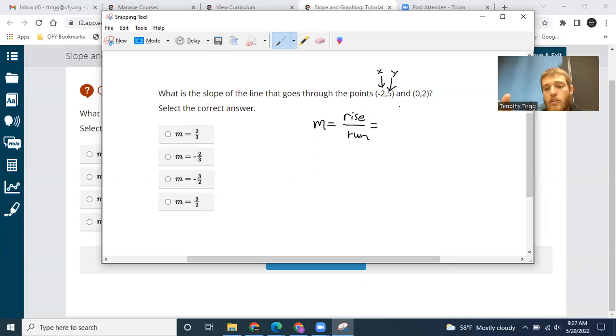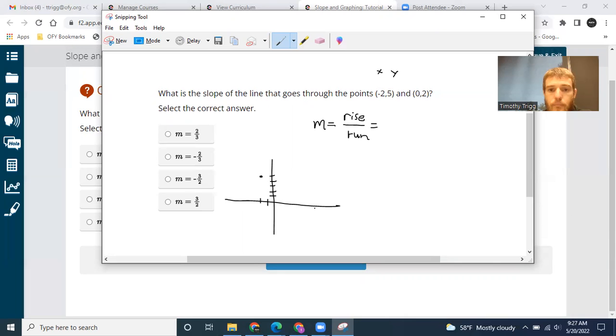The y coordinate tells you where you're at vertically, right? Hopefully you know that by now.